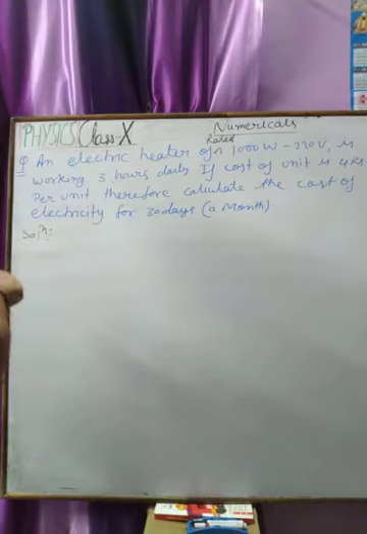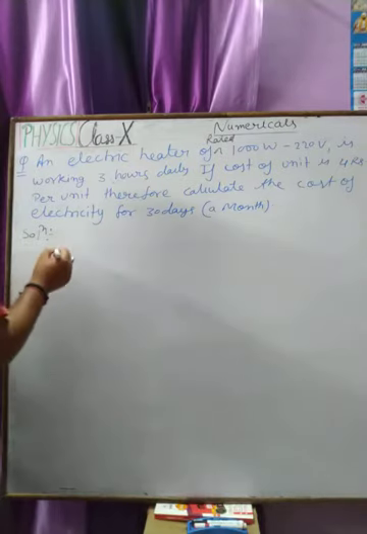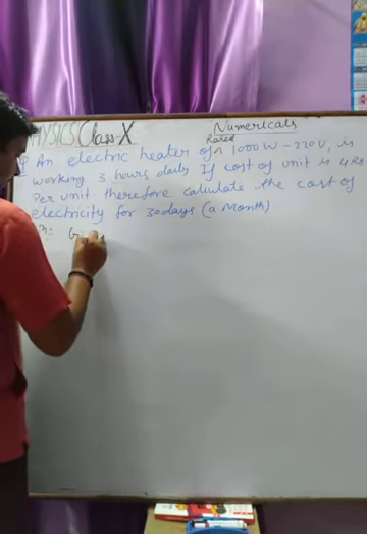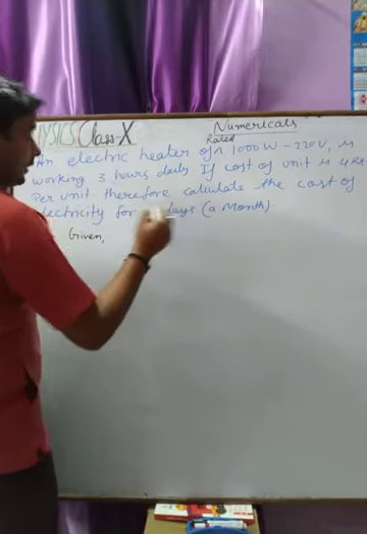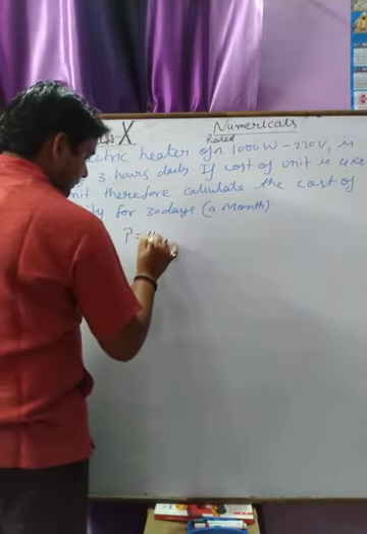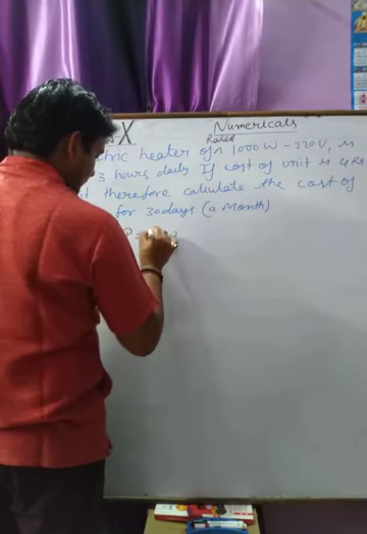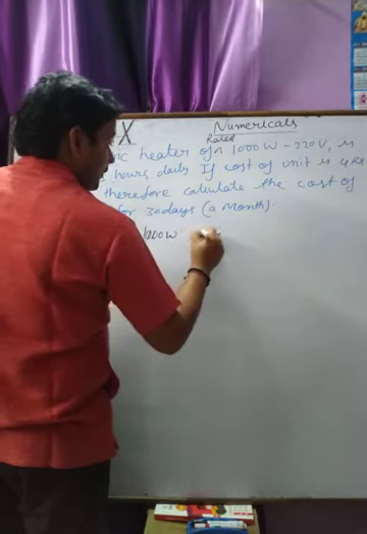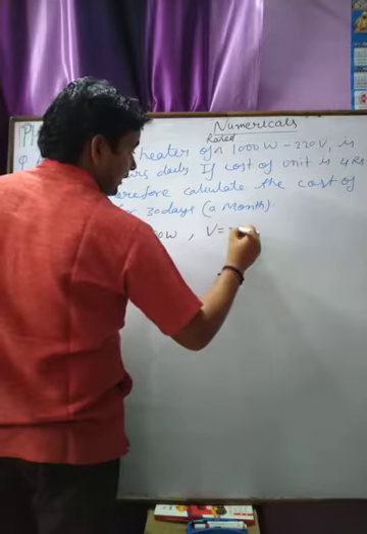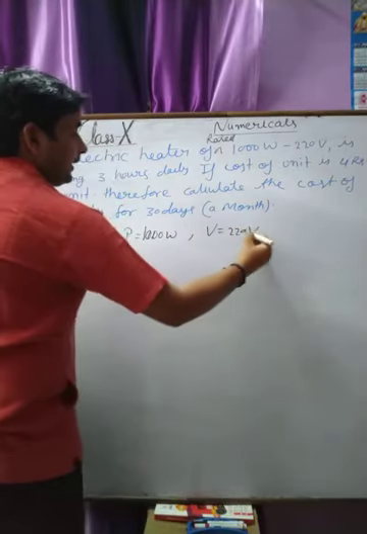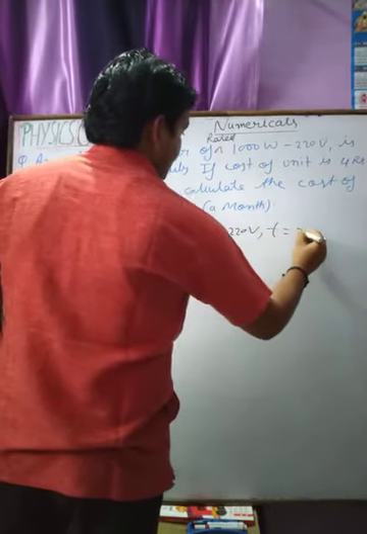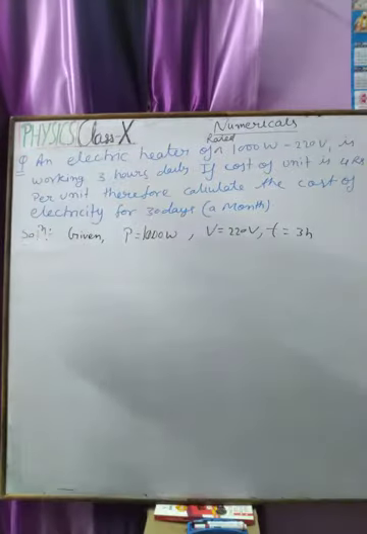We need to calculate the cost of energy. So we have given here power is 1000 watt, voltage 220 volt, and the time is 3 hours every day.